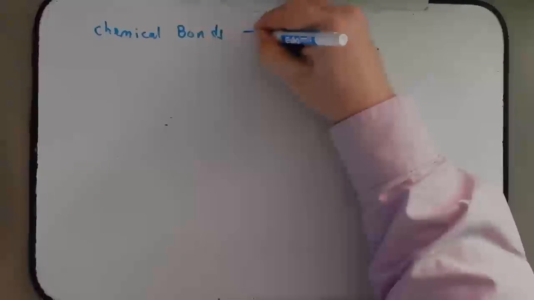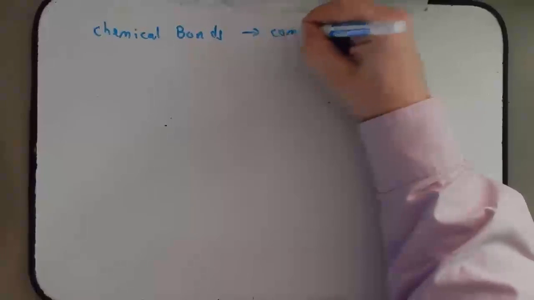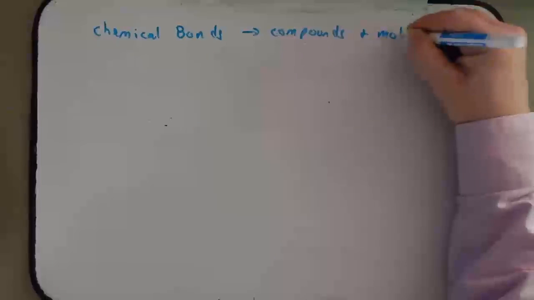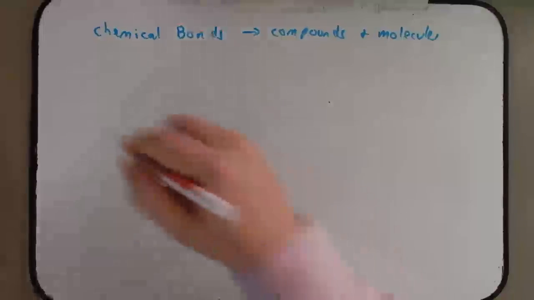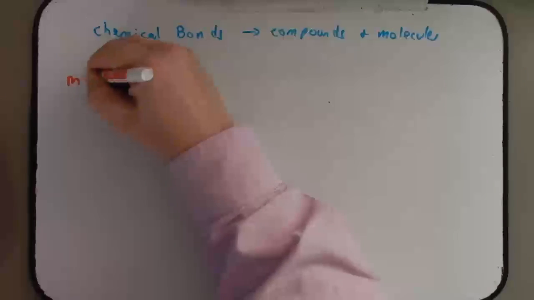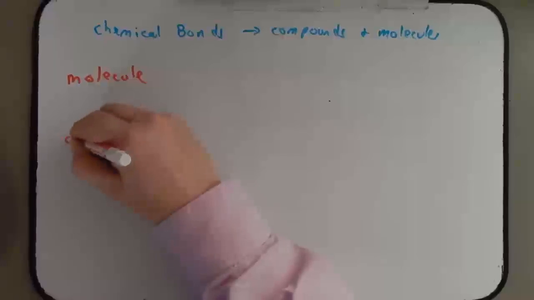Okay, next I'd like to talk about chemical bonds and how they form compounds and molecules. So before we start talking about bonds, let's talk about the difference between a molecule and a compound.